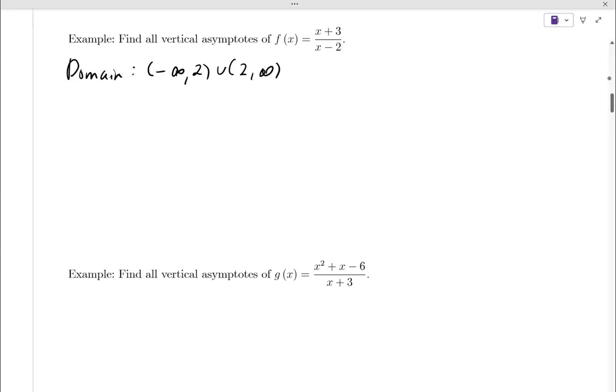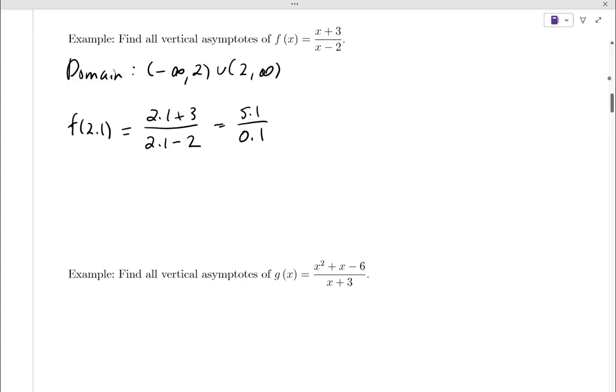So for example, if I put in maybe 2.1, if we put x equal to 2.1 in here, what do I get out when I do f of 2.1? I would have 2.1 plus 3 over 2.1 minus 2. 2.1 is pretty close to, not 0, pretty close to 2. We would get 5.1 on top and 0.1 on bottom.